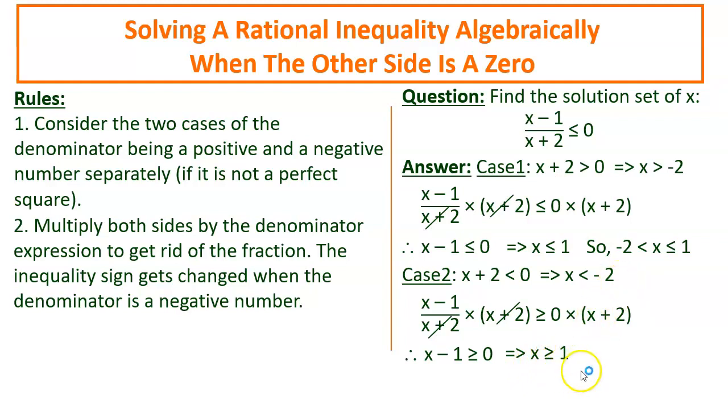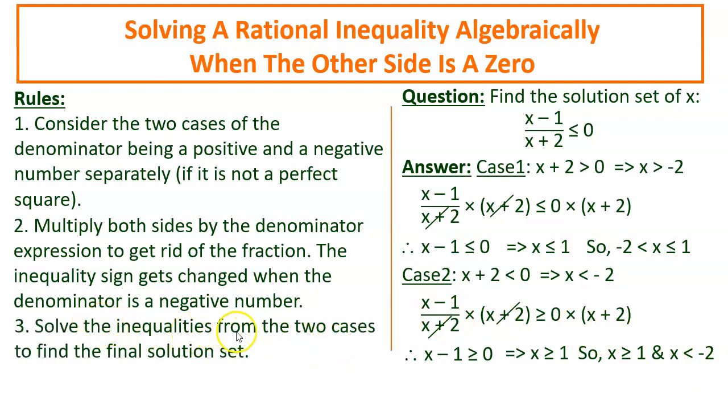So we have to combine these two inequalities as well. So x is a real number which is greater than or equal to 1 and is less than -2. Okay. Rule number 3 says solve the inequalities from the two cases to find the final solution set. This is the solution set from case 1 and this is the solution set of case 2.